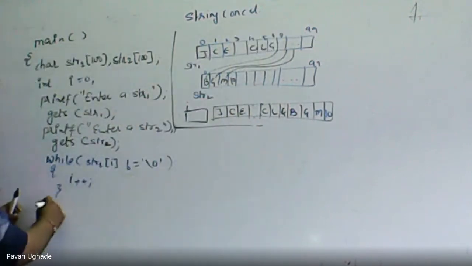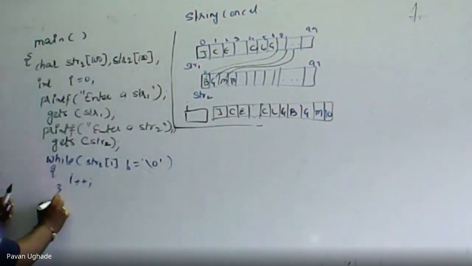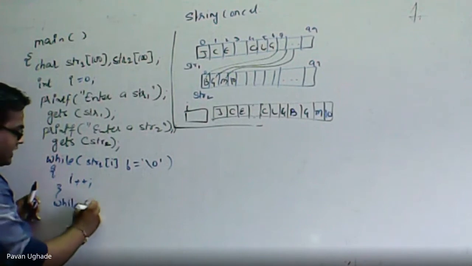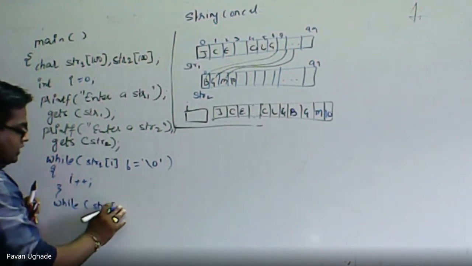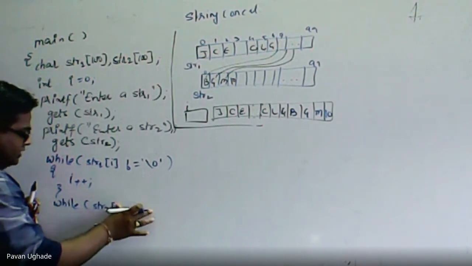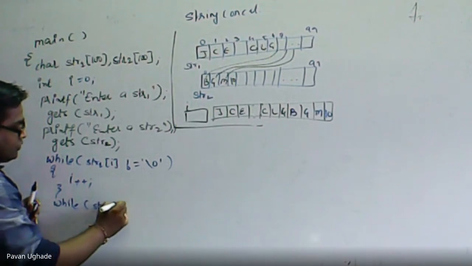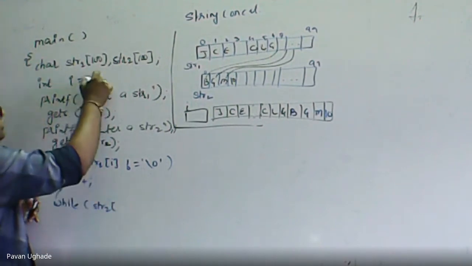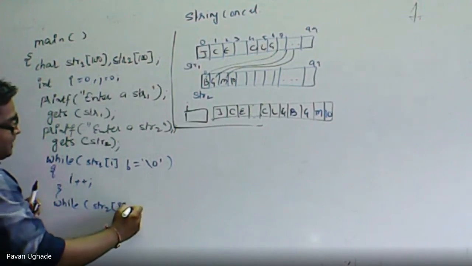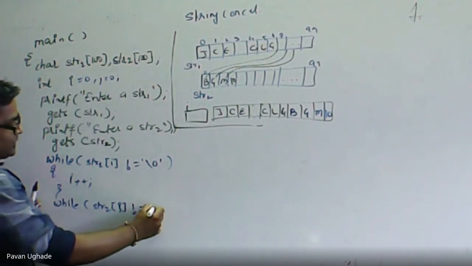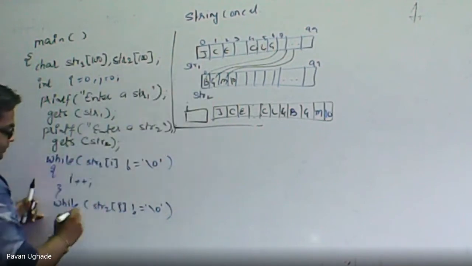Now after that, you know the logic of copying. What is that? While, now this time str2, because str2 is making the copy, right? While str2, I'll be putting j also. J equals to 0. Str2 of j not equals to backslash of 0, because all the content in it.